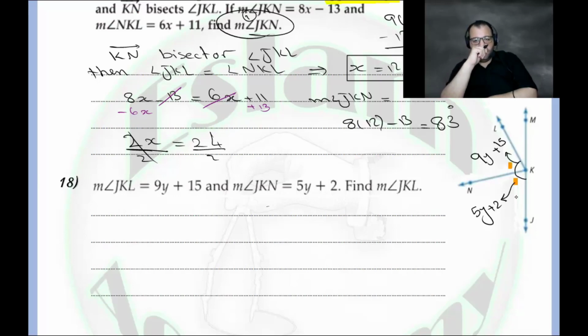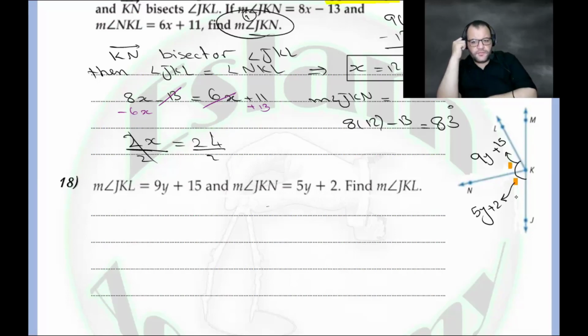JKN is half of JKL. So 5y plus 2 is half the measure of 9y plus 15. So how do we solve this one? Then 5y plus 2 is equal to 9y plus 15 over 2.